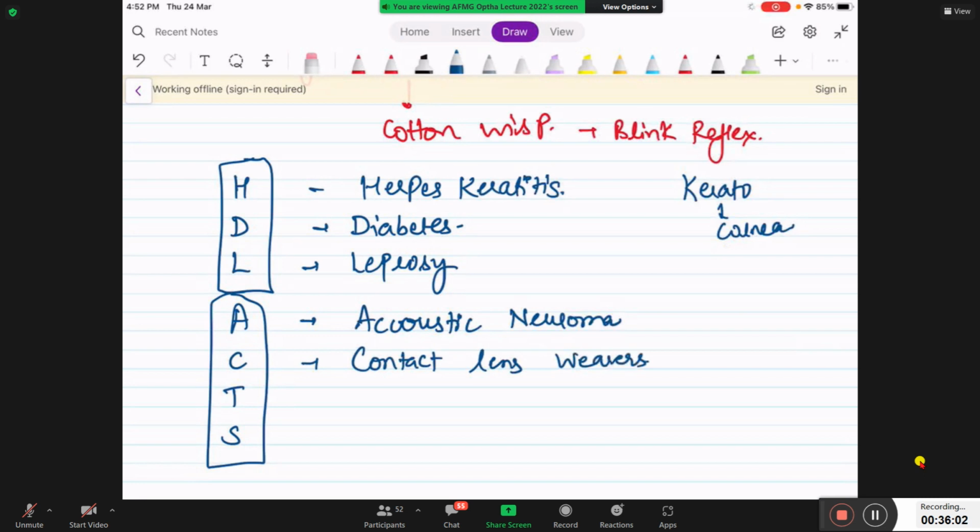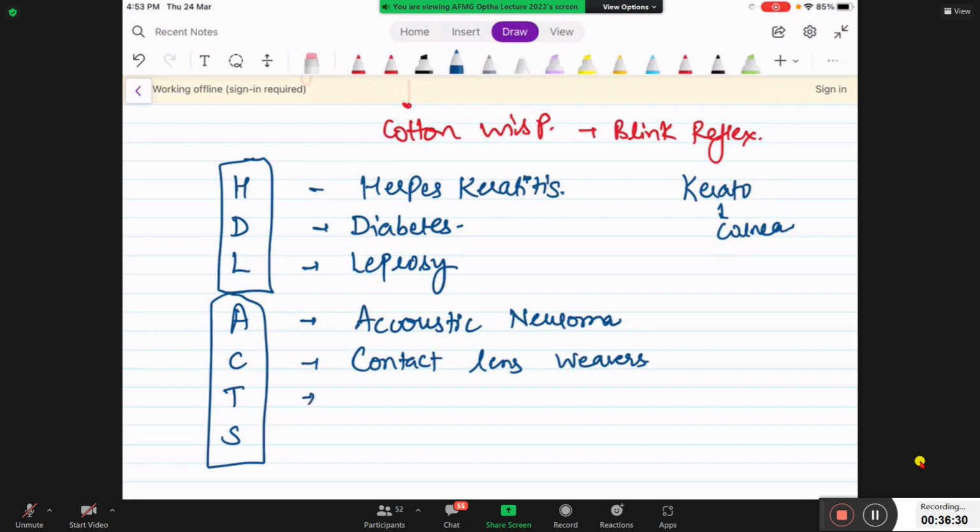So all of you who are wearing contact lenses for extended periods, more than 8 hours a day, remember, all of you are going to have decreased corneal sensations in the long run, right? So it is not advisable to wear contact lenses for an extended period of time. Understood? This is a complication of contact lenses. They decrease your corneal sensations.